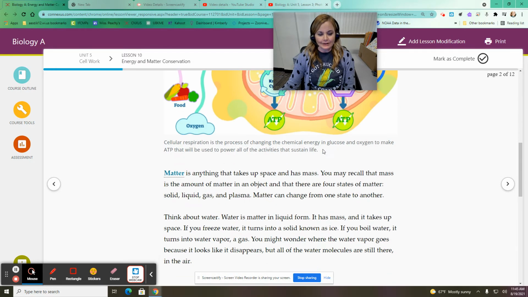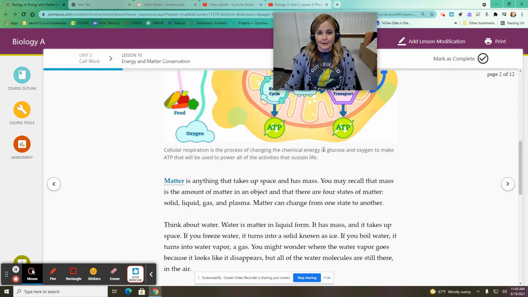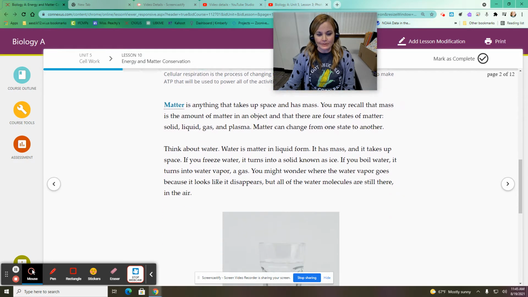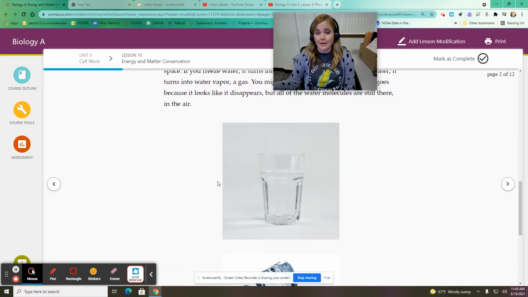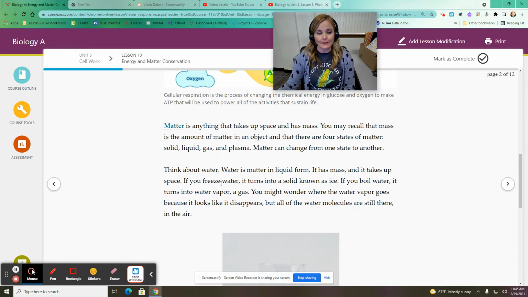So the idea here in this lesson is an understanding of matter and energy, and how matter and energy are conserved in all situations. It's one of the fundamental laws of nature, the law of conservation of matter and energy. Matter being anything that takes up space and has mass. So we're talking about any of the molecules that we're looking at, whether that's the water molecule or a glucose molecule, all of those are made up of matter.